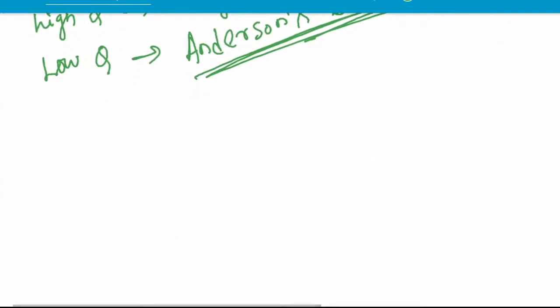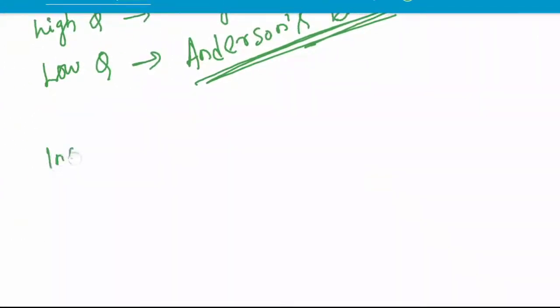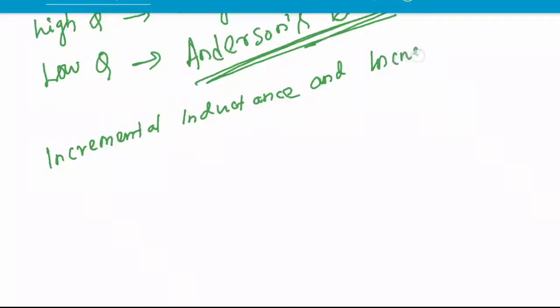Next, for incremental inductance and incremental permeability, Owen's bridge is preferred.